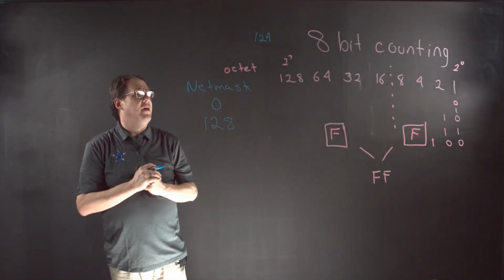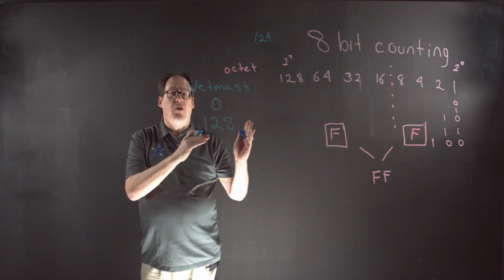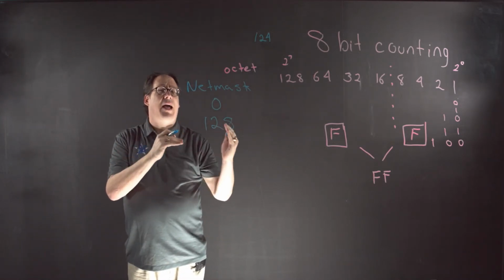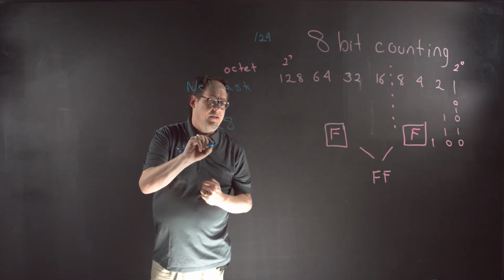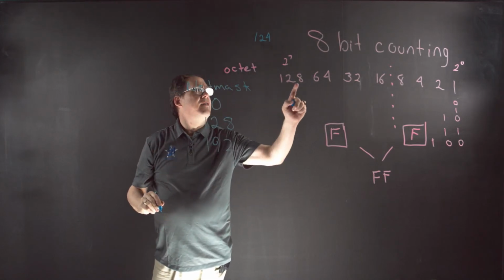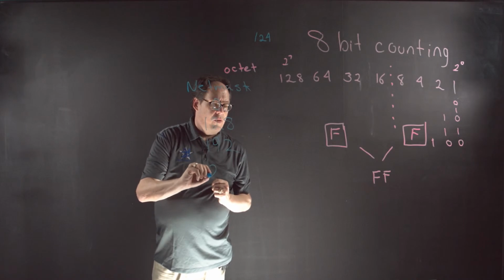That's its numeric value. The next thing we see, as we continue toward making a net mask, is that we continue to add bits to the right. So we can use 192. That is the sum of these two bits. And then the third number is 224.